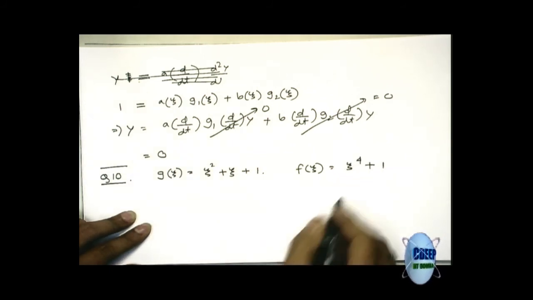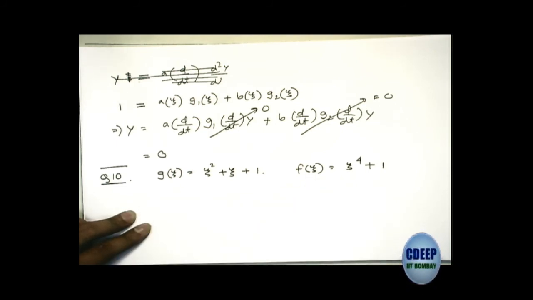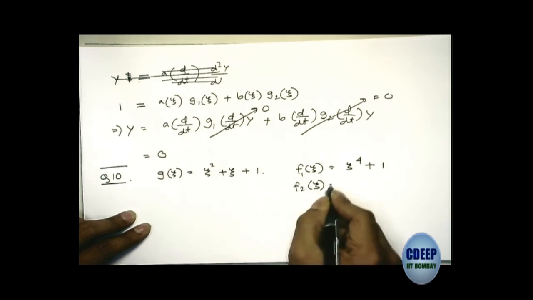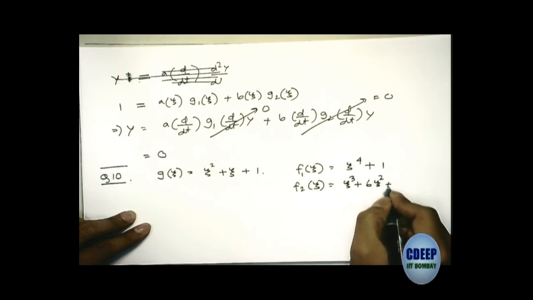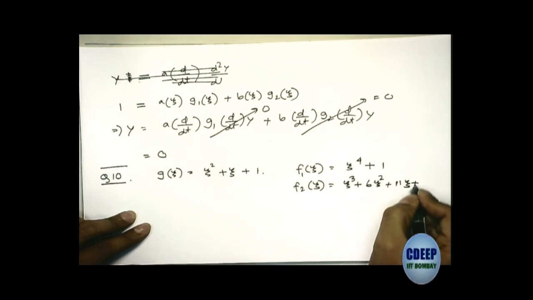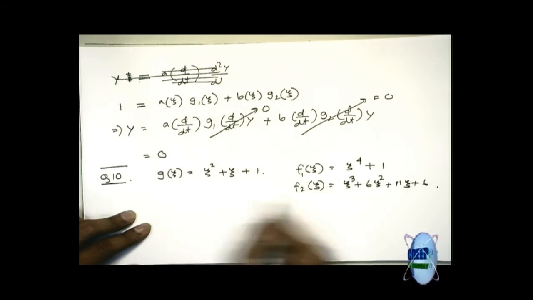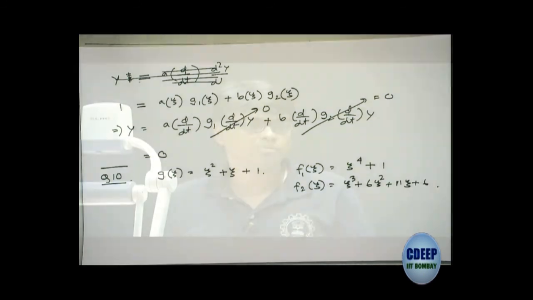We want to find out the remainder of f(xi) upon division by g(xi). There is one more polynomial f2(xi) which is xi cube plus 6 xi squared plus 11 xi plus 6. We would like to find out the remainder of f2 also upon division by g. We know how to do it, right? The long division process, which is a tedious process. No one can deny that it's a tedious process.